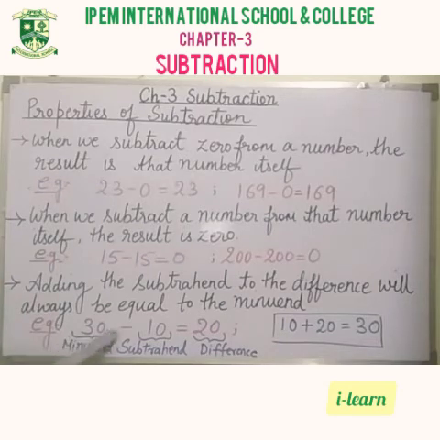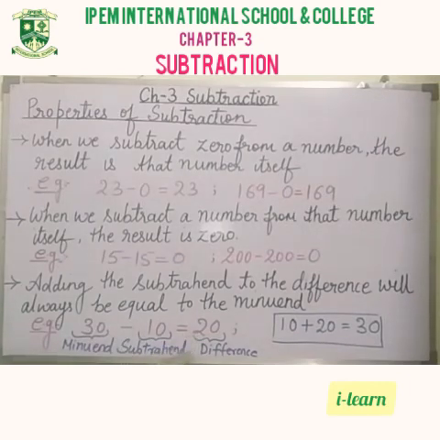Children, now see this example. This is 30 minus 10, which is equal to 20. So here 30 is minuend, 10 is subtrahend, and after subtracting 10 from 30, the difference is 20.